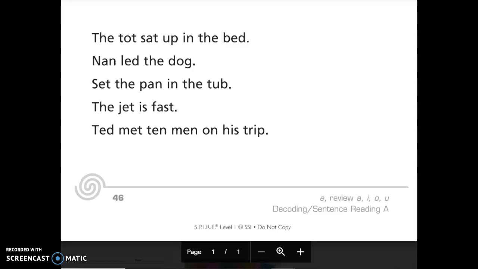So now we're going to read the next sentence silently. Okay, and what did Nan do? Yes, she led the dog.